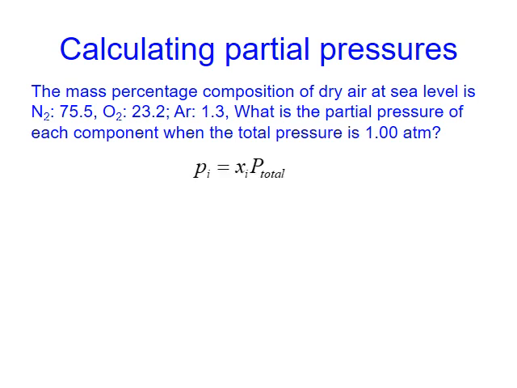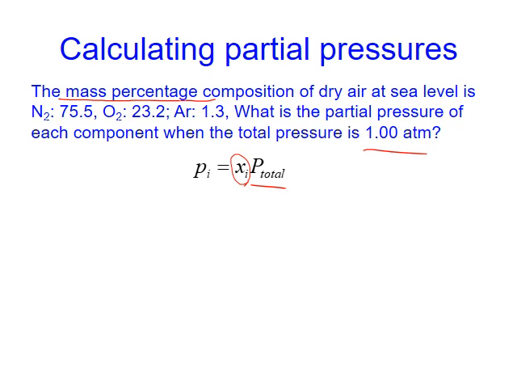Instead, we use partial pressure equals total pressure times mole fraction. Total pressure is given as 1 atmosphere, and we need to know the mole fraction of each component. The question tells us the mass percentage. How do we convert mass percentage to mole fraction?